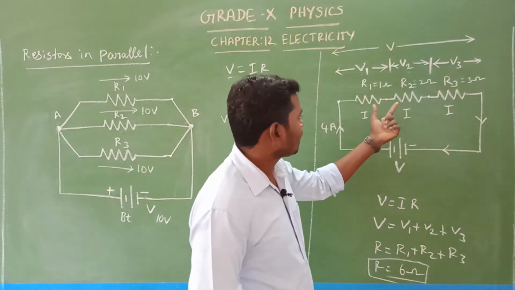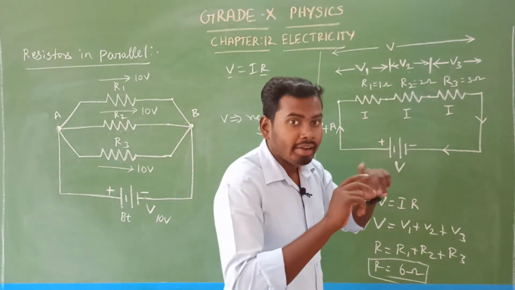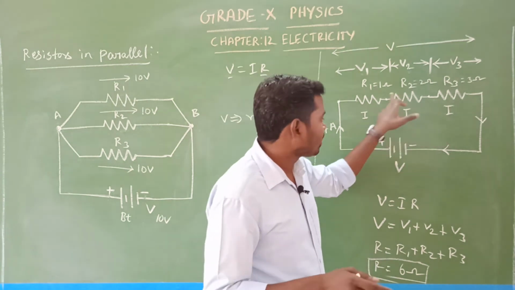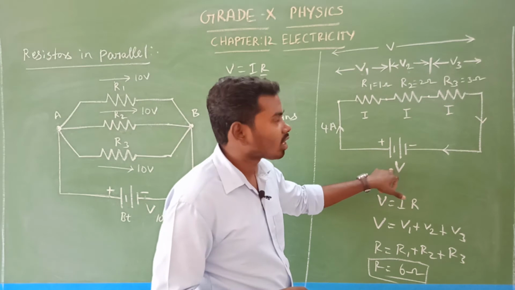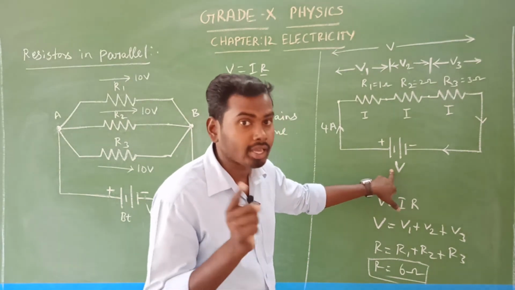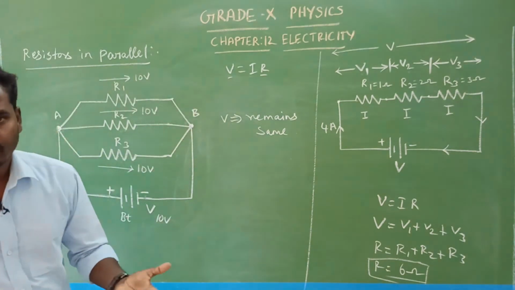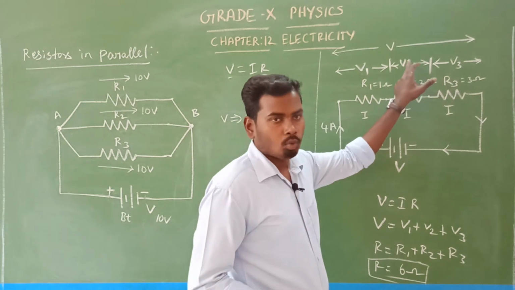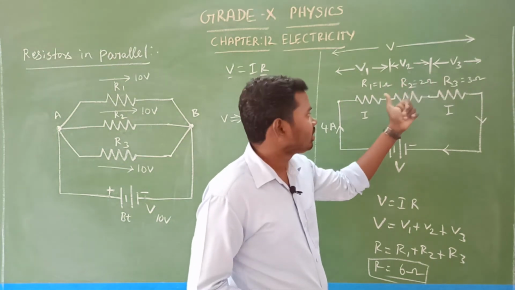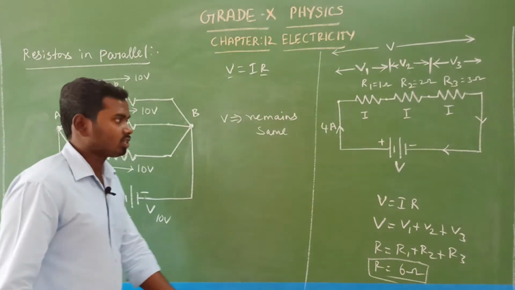Because the resistors are never directly connected to the two terminals of the battery; they are indirectly connected. So in series combination, the voltage value depends on the resistance value. Is it clear, students? That's a very easy one.